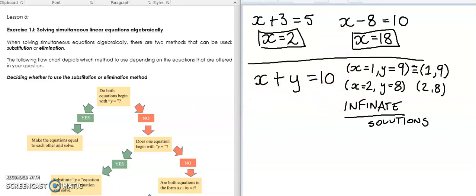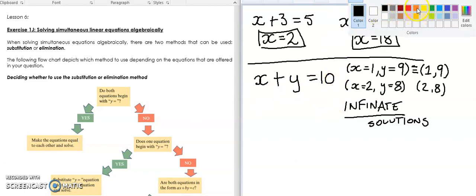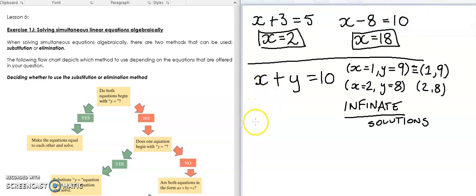But then let's say I'm going to introduce another formula, and I said, all right, x minus y, this right here has to equal 12. Okay, so we've got what is called a pair of equations.